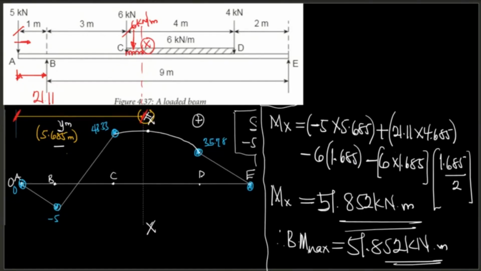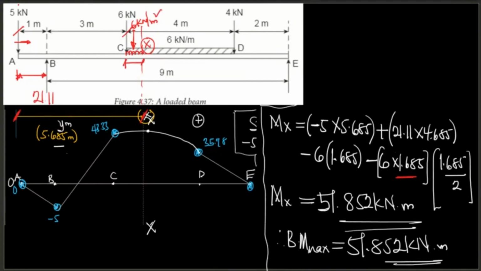The reason why I multiplied this is because there is a force between C and X. There is a concentrated load acting at that point, because we have a UDL there. So you have to multiply the force by that distance there.